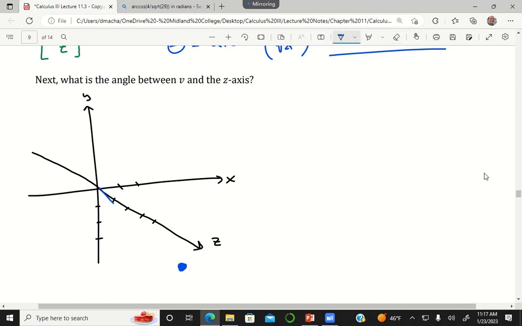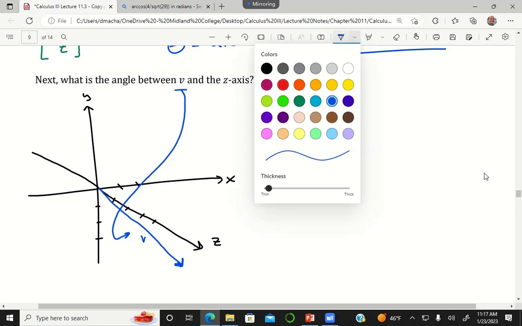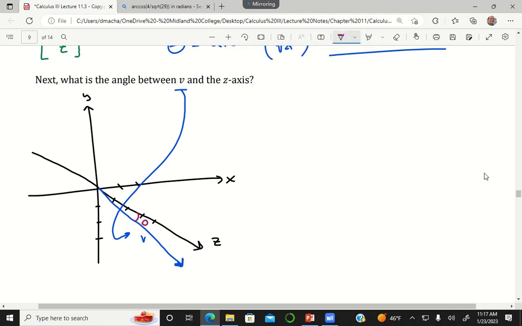And then we can represent this vector by a little arrow where the tip of the arrow is at that point in space and the tail of the arrow is at the origin. And the question is, what is the angle between this vector and the z-axis? So in other words, what's this angle here? But we've already done this problem just prior where we had the k vector 0, 0, 1.